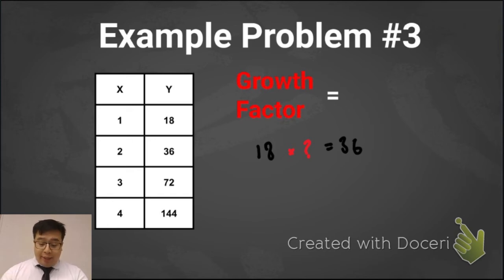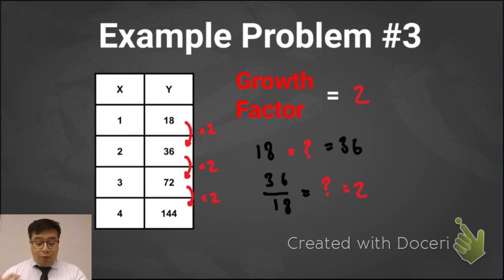I can rewrite this as 36 divided by 18, and that would tell me what my growth factor is. So what is 36 divided by 18? That's going to be 2. And you can see that times 2 fits the pattern. 18 times 2 is 36, 36 times 2 is 72, and 72 times 2 is 144. This is really useful when we're working with problems where it isn't obvious what the multiplying pattern is. We can always rewrite it as a division problem.